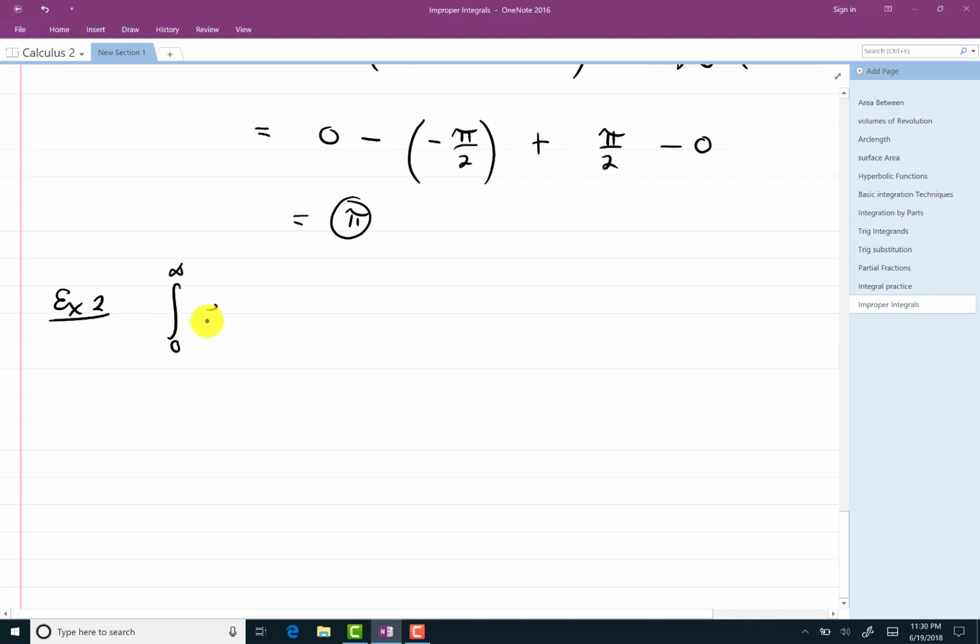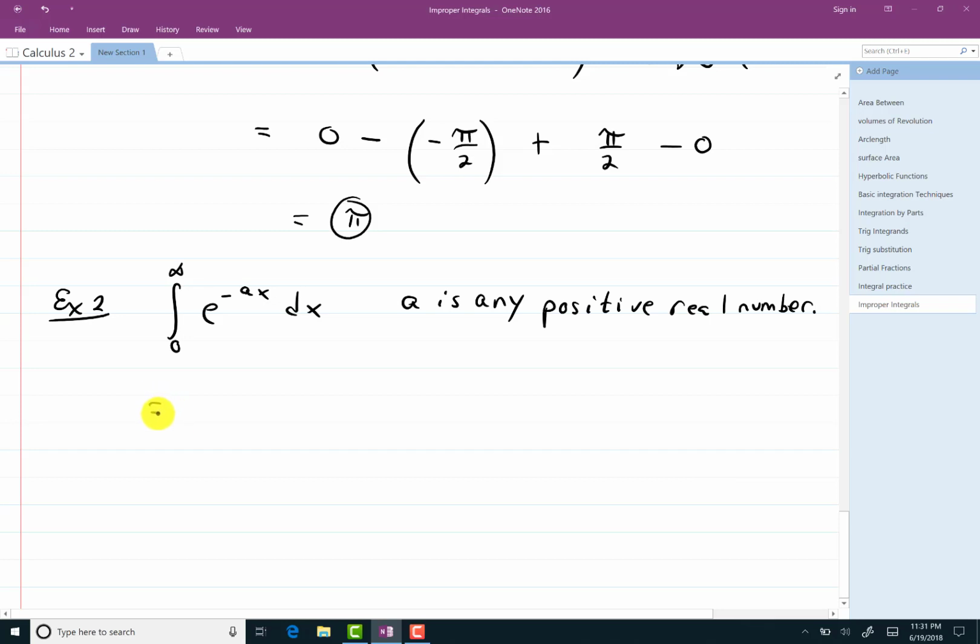Most of the integrals I'm going to do in this section are kind of generalized things, but I'll do some concrete examples near the end here. So what I'm going to do here is the integral of e to the negative ax from 0 to infinity, and I'll allow a to be any positive real number.